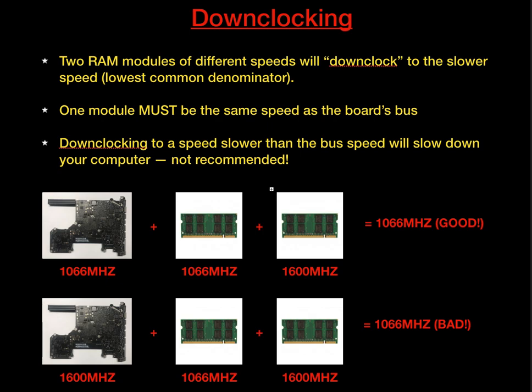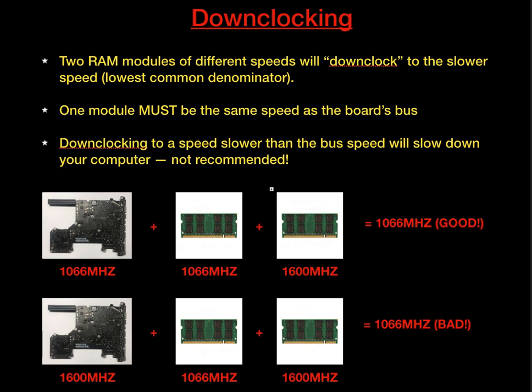So downclocking. What is downclocking? 2 RAM modules of different speeds will downclock to the slower speed. It's the lowest common denominator concept. If there are 2 of them, it will slow down the system to the slower of the 2. So one memory module must be the same speed as the board's bus.